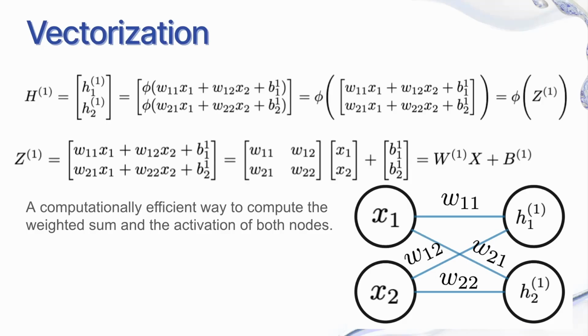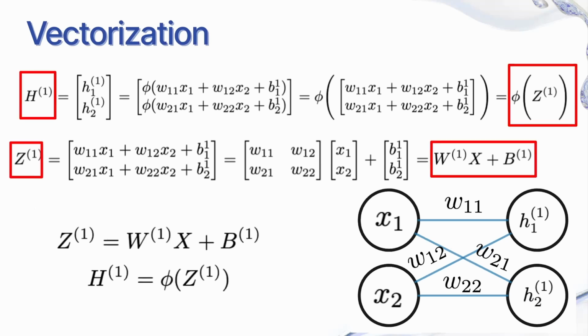Vectorization is a very fast way to compute our weighted sums and our activation functions. The main thing I want to note here are these vectors, our matrices. We can represent our connection from the input layer to the hidden layer with a weighted sum.